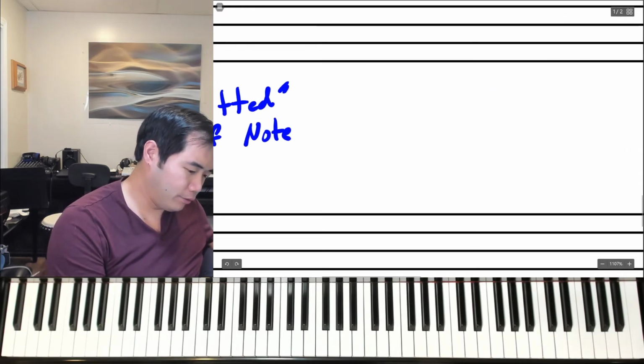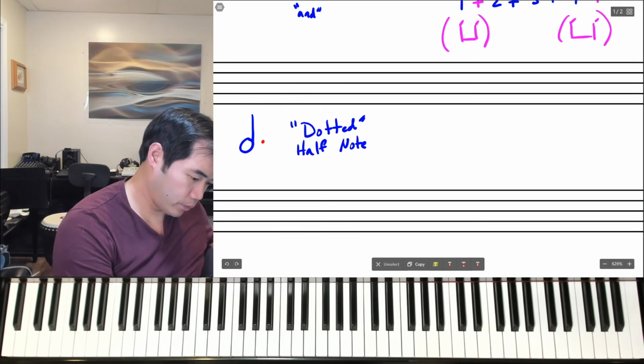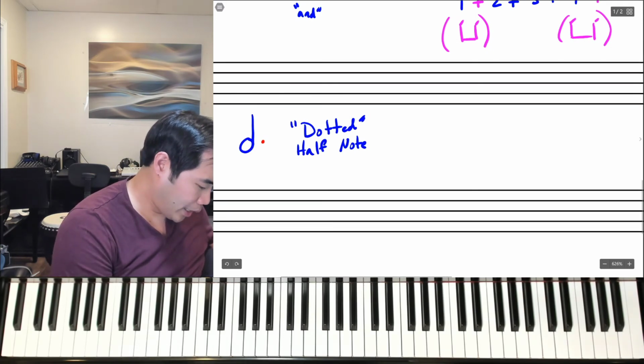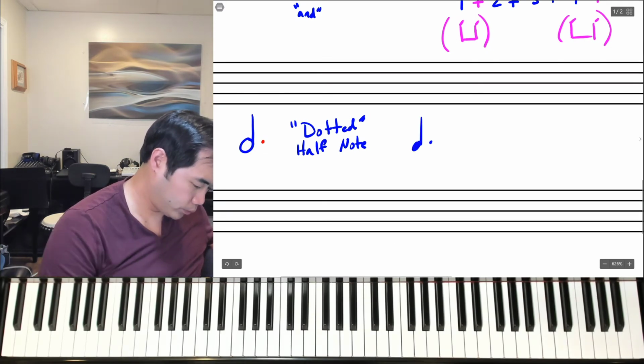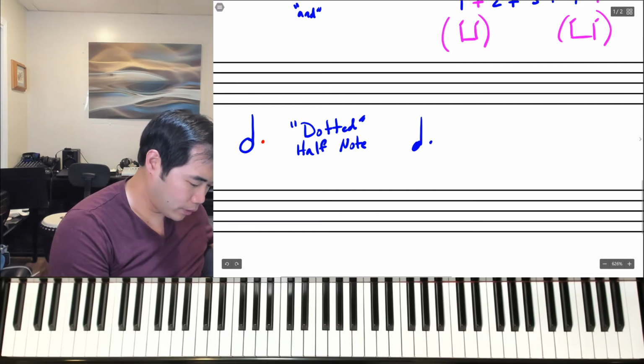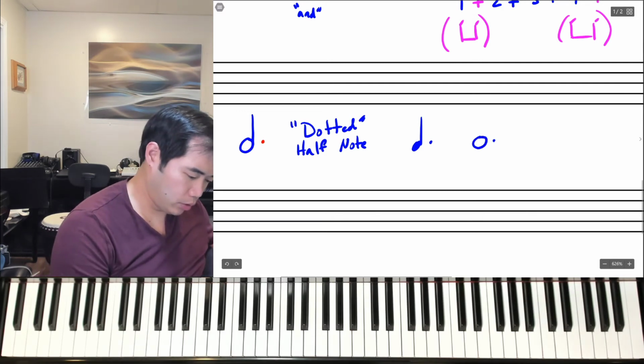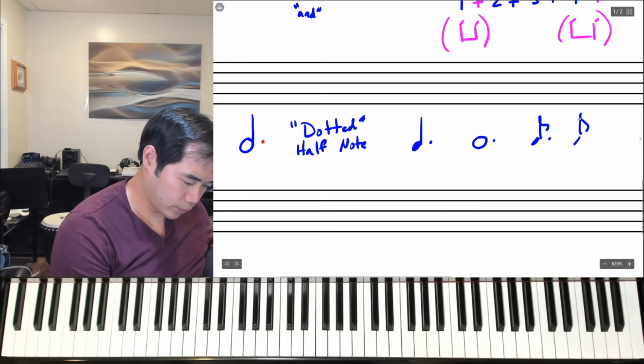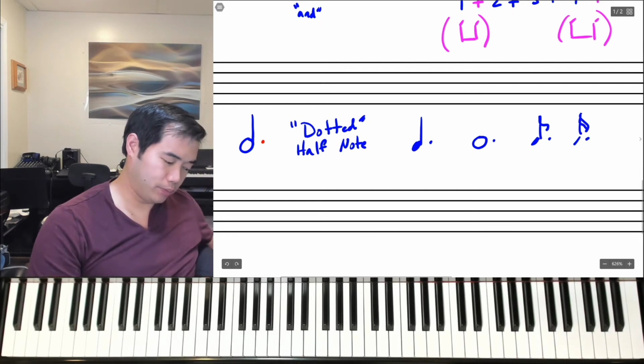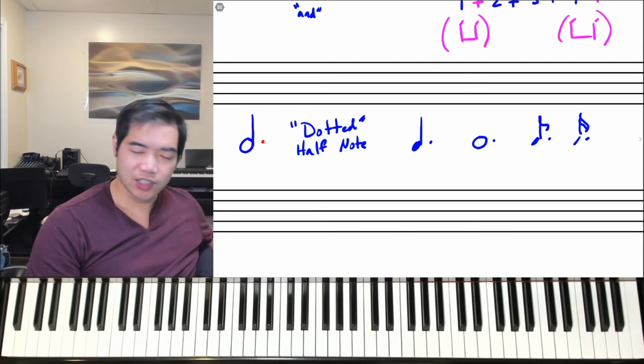We might have a dotted quarter note. We might have a dotted whole note. We might have a dotted eighth note, or even a dotted 16th note.